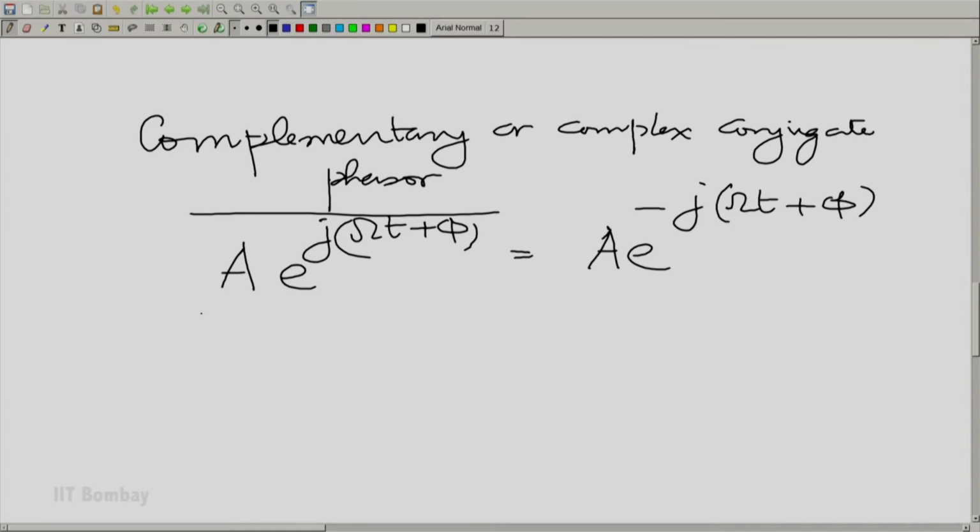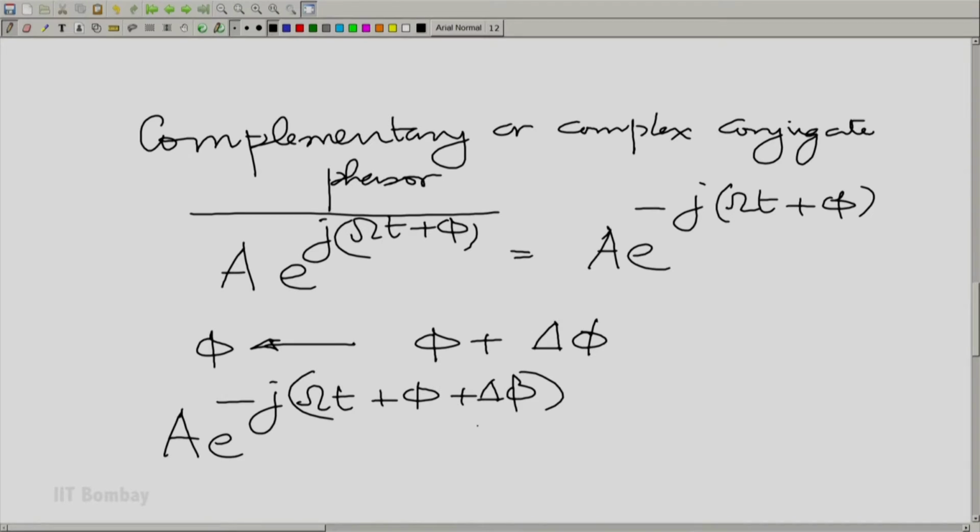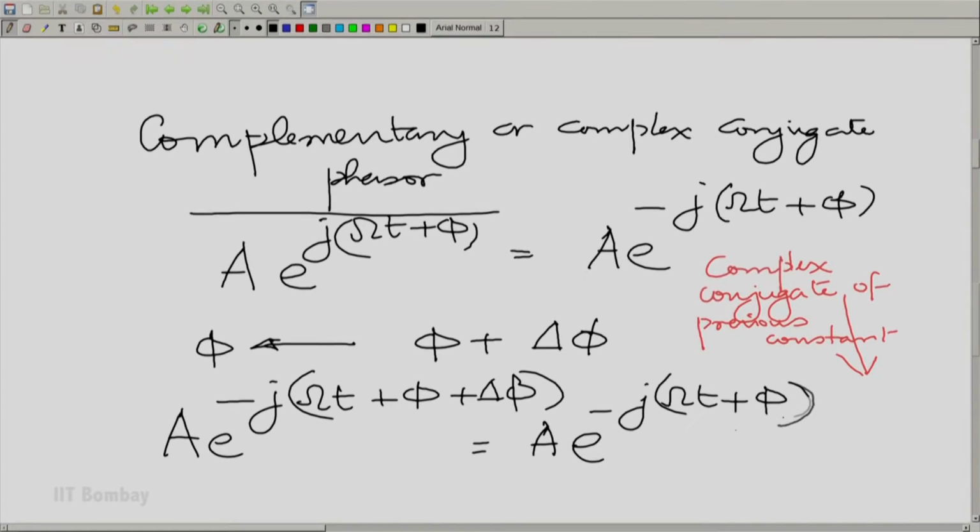Now, the important thing is that when we make a change of phase of delta phi here, so let phi be replaced by phi plus delta phi as before, we would of course get a e raised to the power minus j(omega t plus phi plus delta phi), and this is essentially the original phasor multiplied by e raised to the power minus j delta phi.